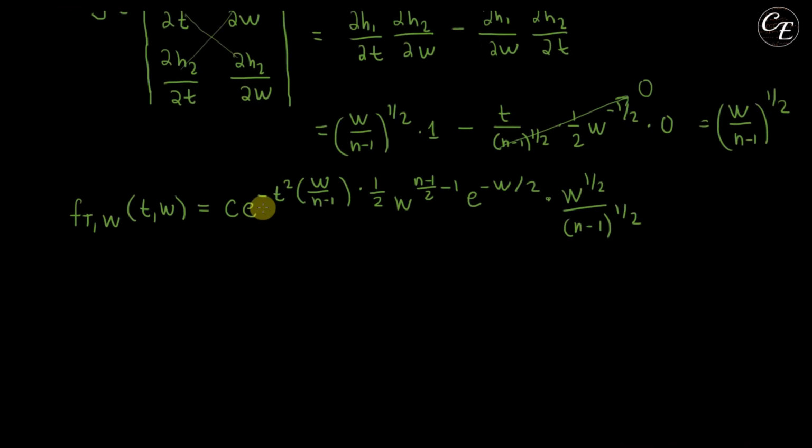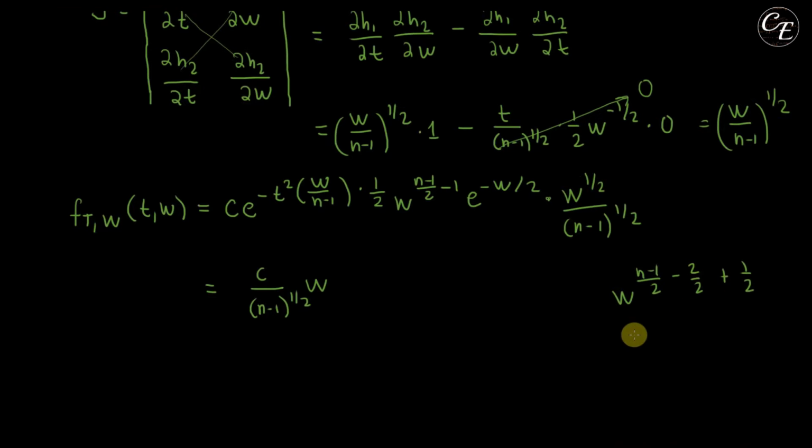From here, we can collect constants: the constant c and the constant in here, so we have c over n minus 1 raised to 1/2. Then we combine the w terms. For the exponent, we have n minus 1 over 2 for this one, then minus 2 over 2, and then plus 1/2.